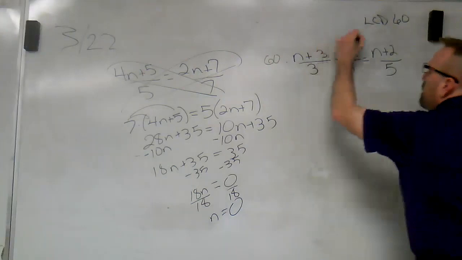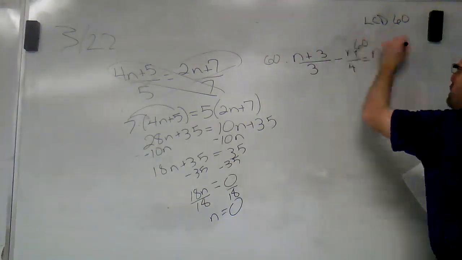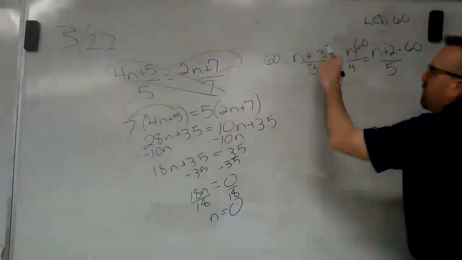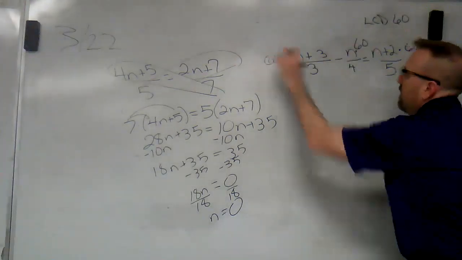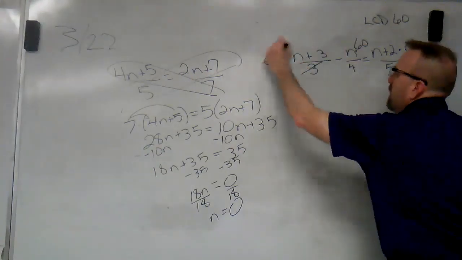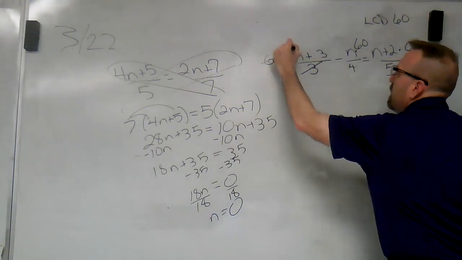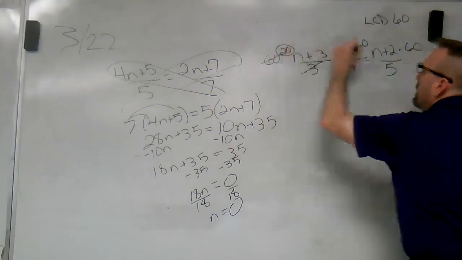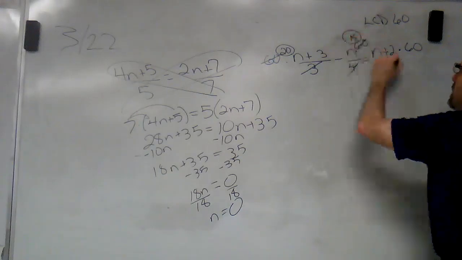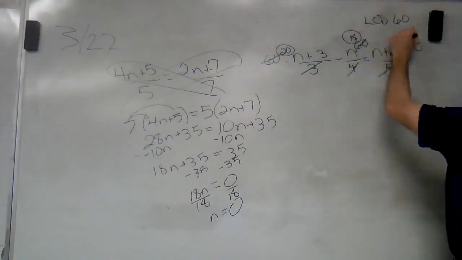So what we are going to do is multiply every single fraction by 60. I think it's helpful if you show that you're timing it. You see why in a second. All right, so now what we want to do is take our denominator and cancel. How many times can 3 divide into 60? 20 times. So that 3 cancels, and this now becomes 20. Don't lose that though. 4 goes in 15 times. 5 goes in 12 times.